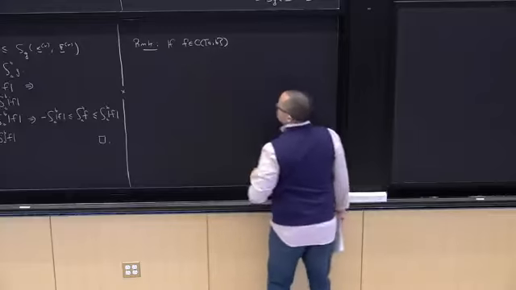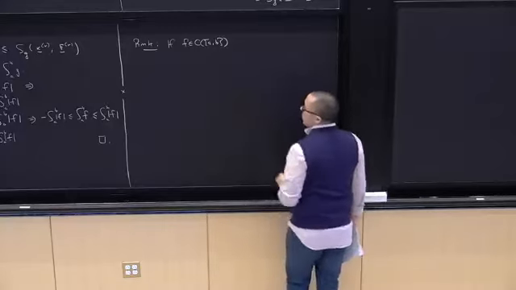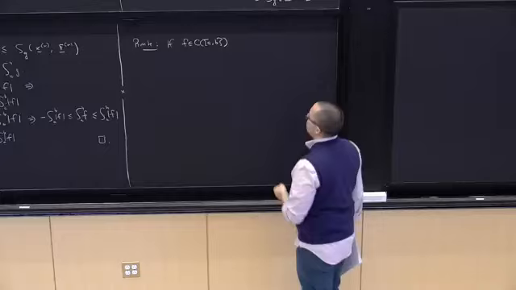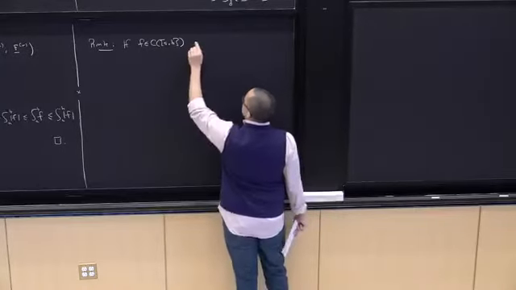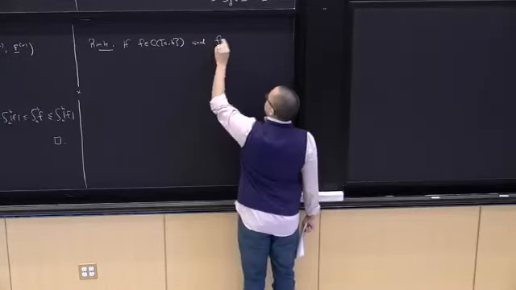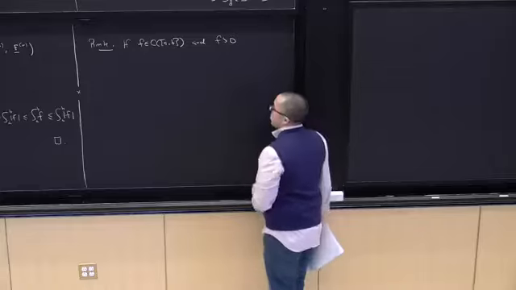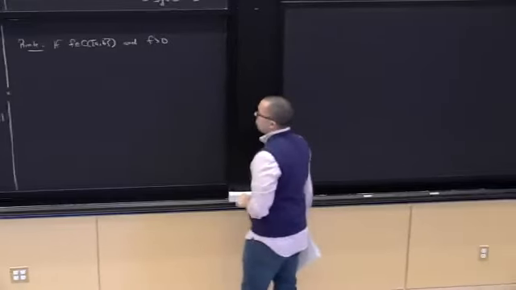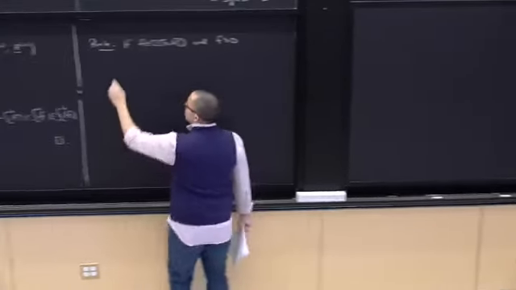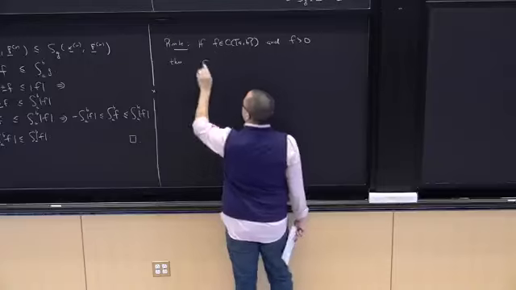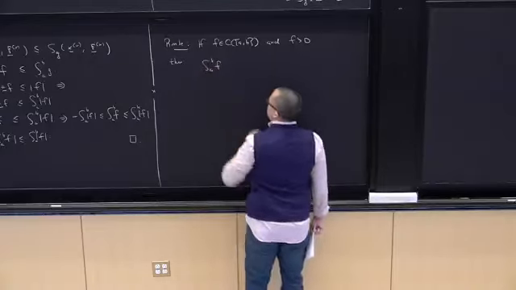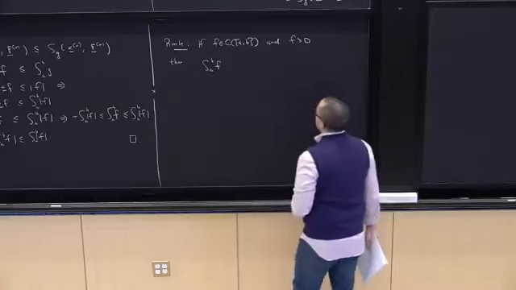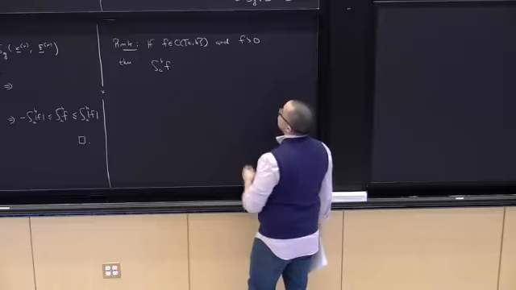something a little bit stronger, which I'll state in its reduced form here. If I take a continuous function and it's positive, then we already know that the integral of f is going to be non-negative by what we just proved.